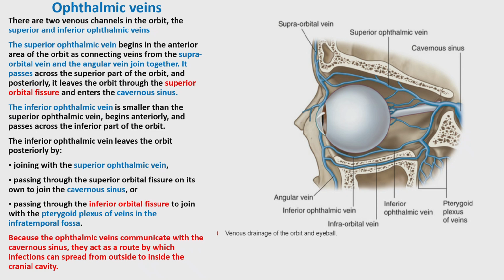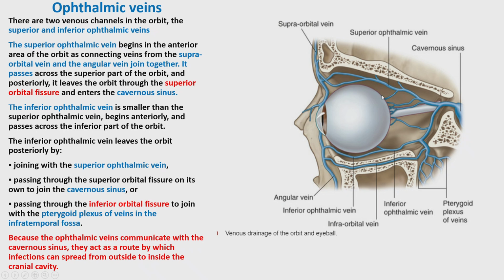Regarding the ophthalmic veins, you know from the skull that we have two ophthalmic veins. The superior ophthalmic vein passes through the superior orbital fissure and drains to the cavernous sinus. The other is the inferior ophthalmic vein, which passes through the inferior orbital fissure and usually drains to the pterygoid venous plexus.